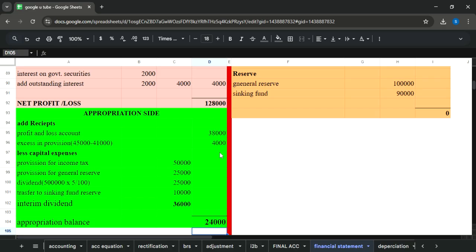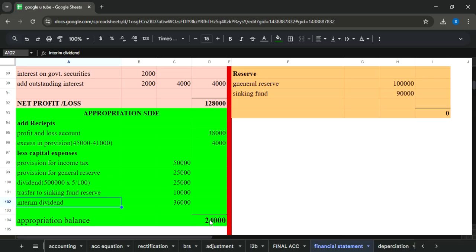Alright guys, what we have done is added these three items. These are your income, and the amounts present over here were your expenses. So simply you have subtracted all these expenses from these three incomes. Finally we have got 24,000. This is your appropriation balance.